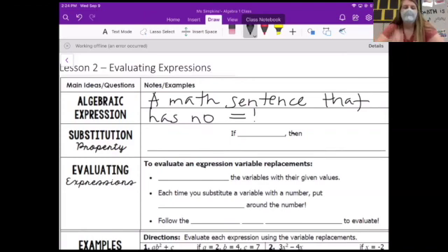Yep. Okay. So then substitution. Someone tell me where in their life they've heard that word besides this class. What area of your life have you heard the word substitution? Or substitute.